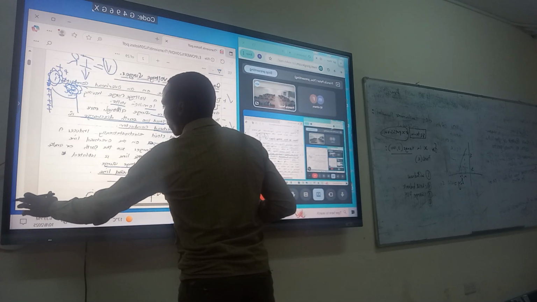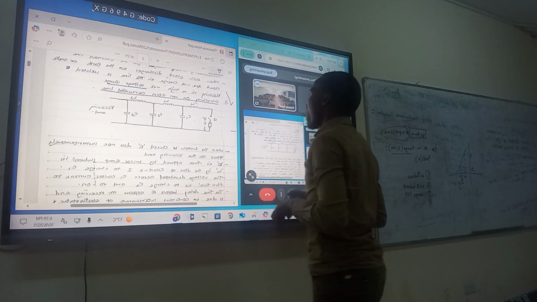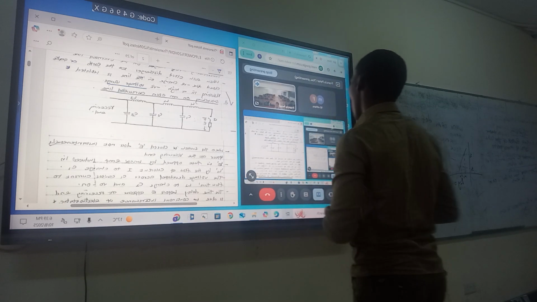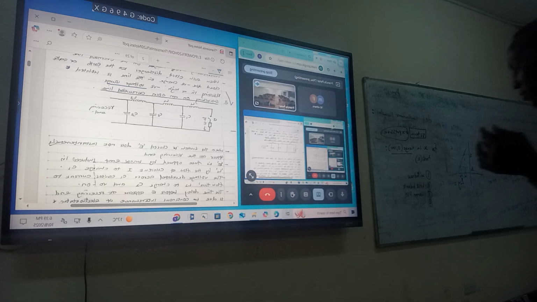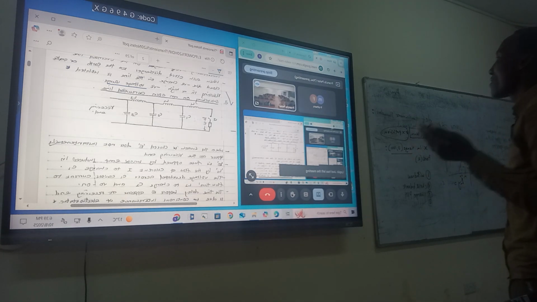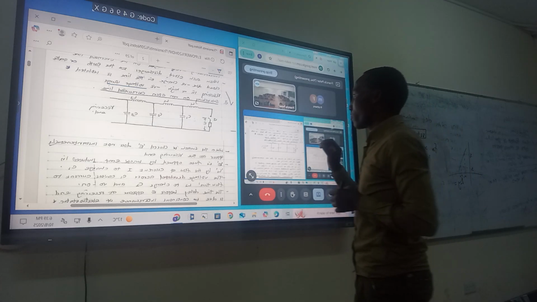So number 3, that was number 2. Number 3, we can have the switching on an open circuit line. For example, if there is someone who is working under Kenya Power, you find that whenever you are disconnecting or connecting the voltage, maybe you had cut off the supply on one side, when you come to place your fuse, that is now the fuse mode, you shall observe that there will be some, what do we call it?